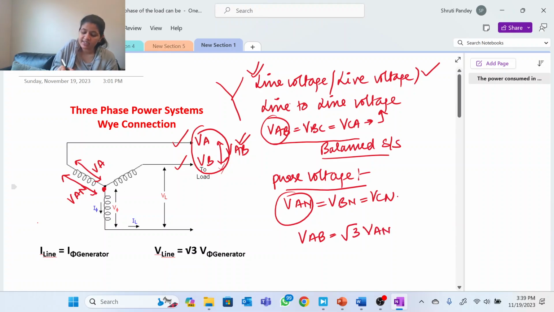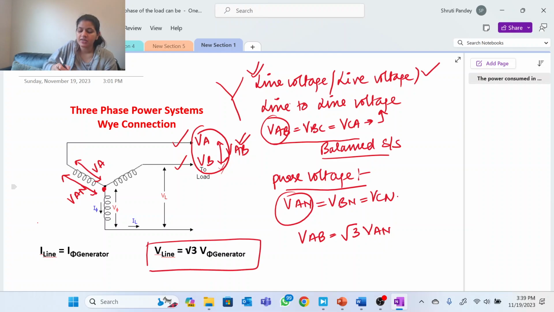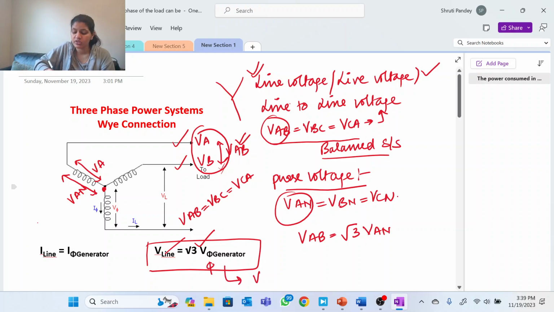Okay, so this is a general relation that V line, which can be anything, VAB, VBC or VCA, any line voltage, is equal to under root 3 times V phase voltage. So what are these phase voltages? VAN or VBN or VCN, right?